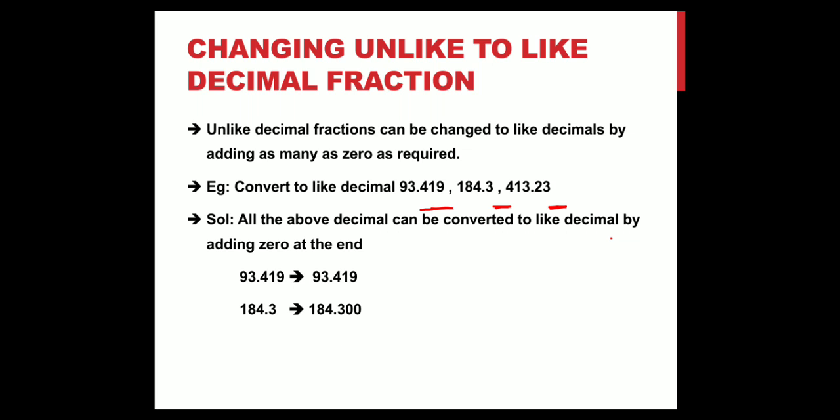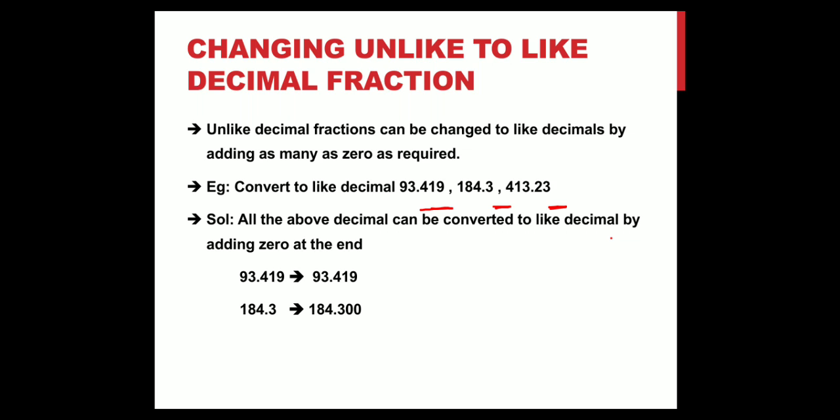Now I'll go for the next one, 184.3. Now 184.3, after the decimal point I have only one number, but how many do I need? I need 3 decimal places. So what I'm going to do, I'm going to put 0. How many zeros do I need to put? Already I have one number, so I'm going to put only 2 zeros.